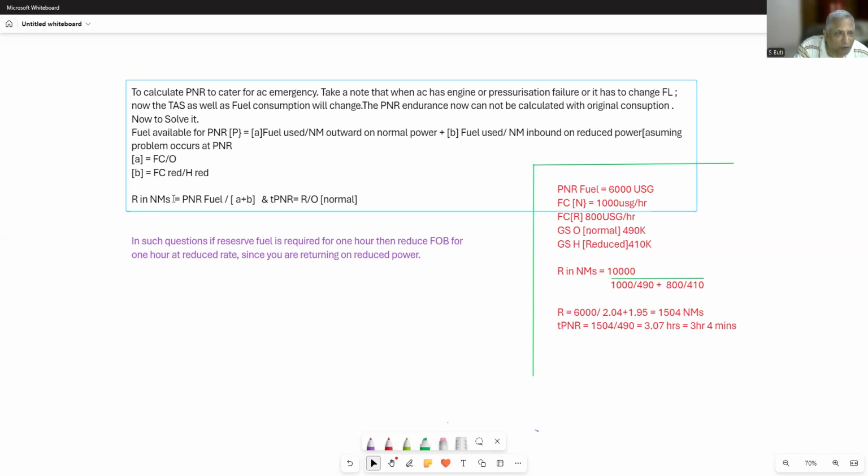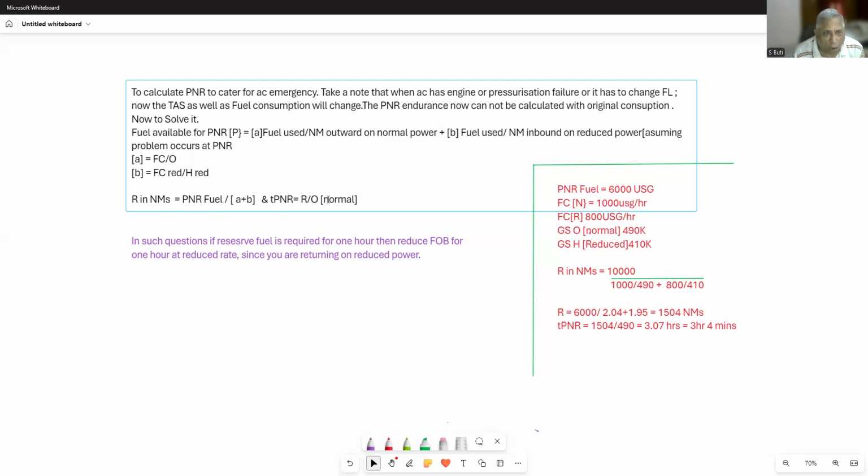So fuel available divided by A plus B will give you the value of R in such a case. And time to PNR will be this distance R divided by my normal ground speed outbound with which I have been flying.